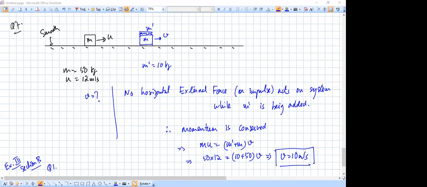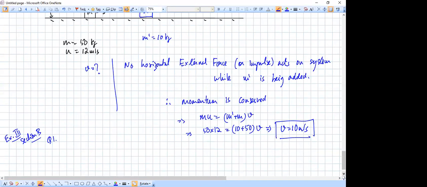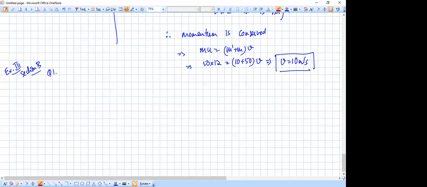Okay, so let's go through this question. In question 1, the concept you have to apply is that impulse equals change in momentum.